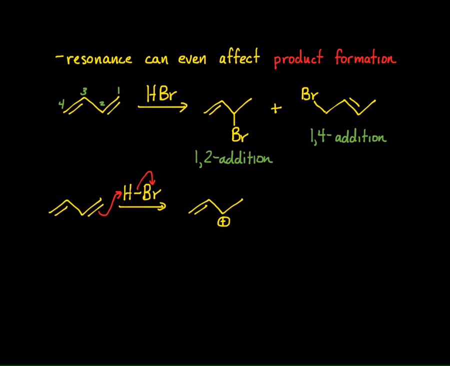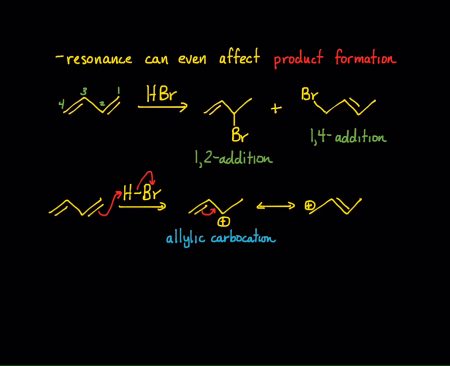Now this carbocation is a special type of carbocation. It is an allylic carbocation because adjacent to that carbocation I have a pi bond, and that pi bond I can use to stabilize through resonance. I can move those electrons to that carbocation and I produce a new carbocation.